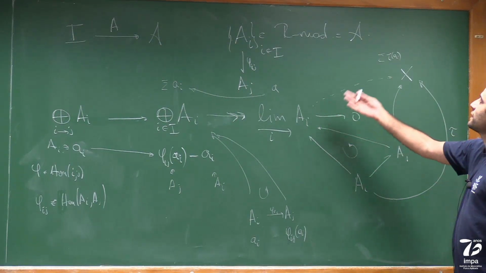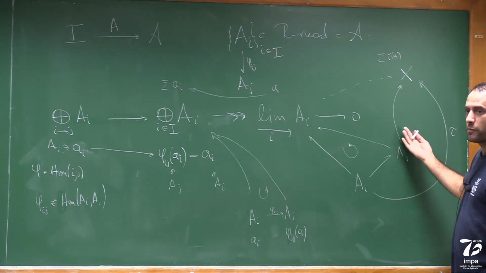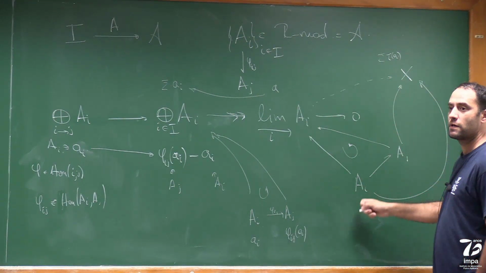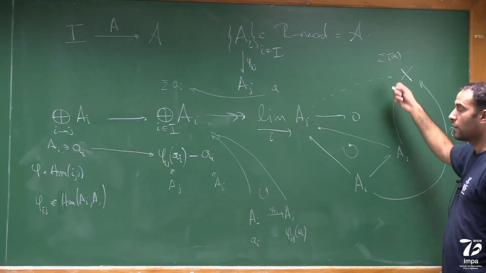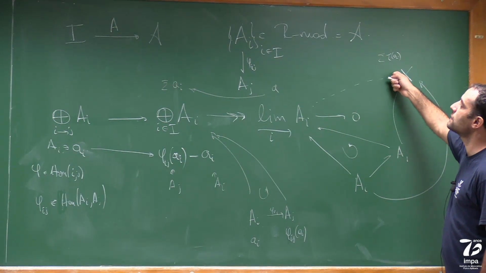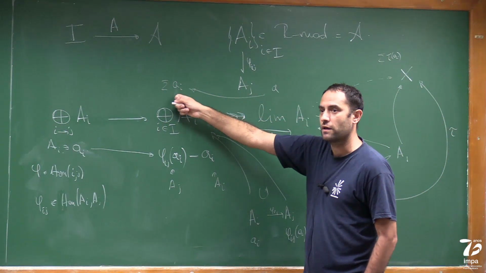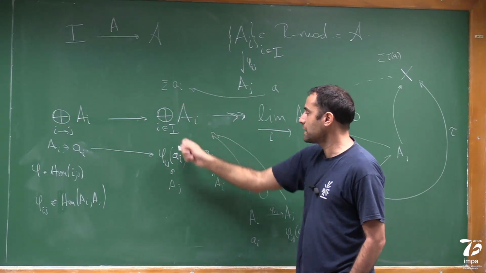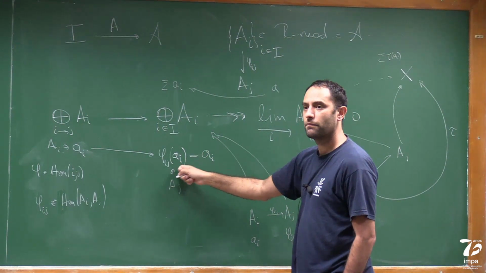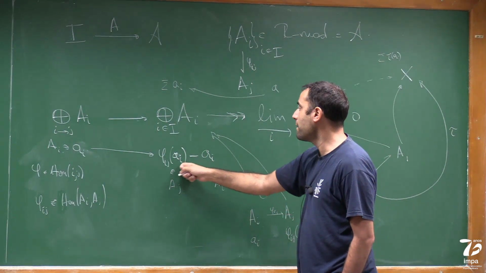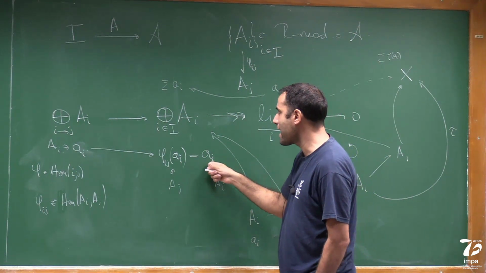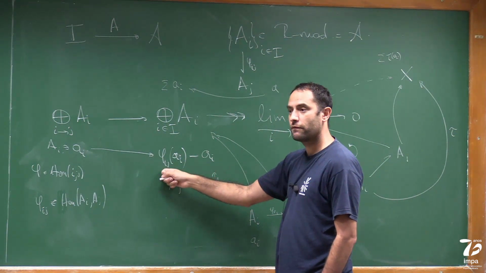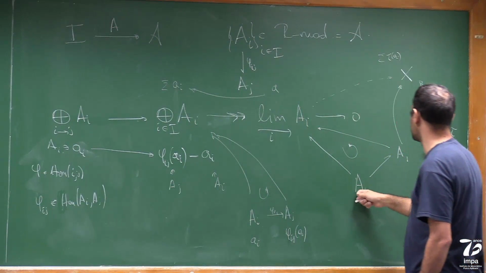Okay, so now you need to check that this is well defined and this makes all the diagram commute. That the diagram commutes is obvious because I've declared it to be such that the image of AI is the same. That it's well defined means that it doesn't depend on the choices that I made here in lifting this. And the choices that I make here in lifting, they differ by elements in this kernel. And the elements in this kernel means that I'm identifying AI with the image on AJ by any arrow from I to J. And that's precisely what I'm doing here.